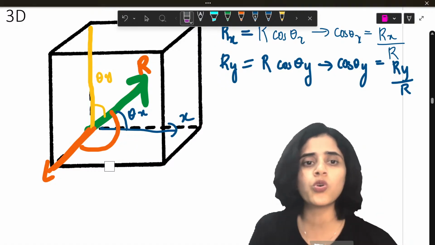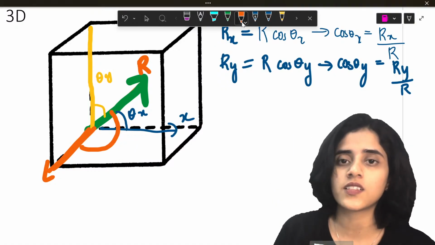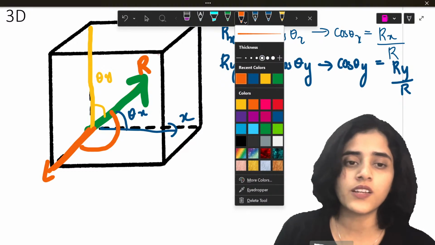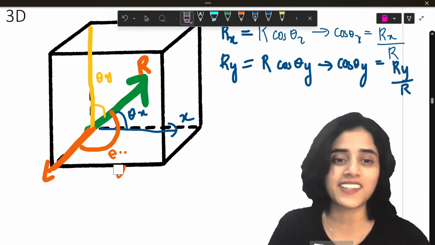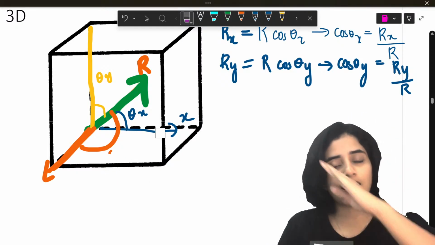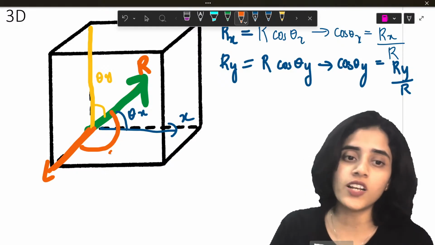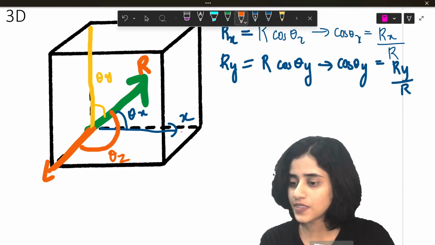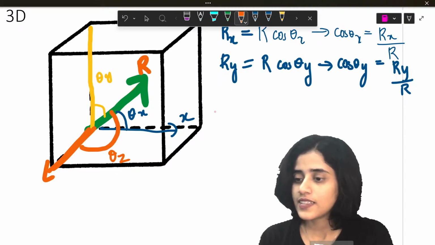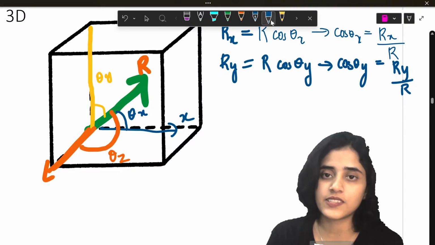The angle this arrow makes with the z-axis is called theta y. Sorry, theta z. The angle the resultant makes with the z-axis is called theta z.